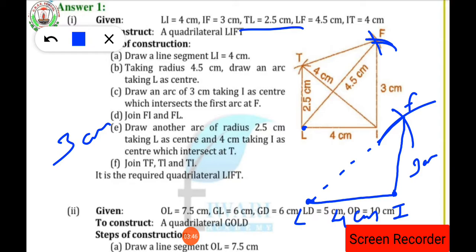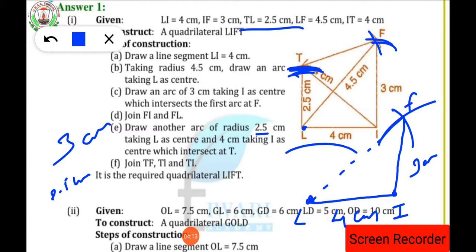Next, draw another arc using 2.5 centimeter, taking L as the center. Taking 2.5 centimeter on the mouth of your rounder, that means measuring 2.5 centimeter with the help of your scale, and keeping the needle at point L, draw an arc. The arc you have to draw over here.